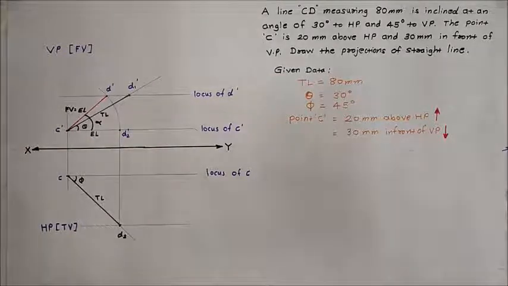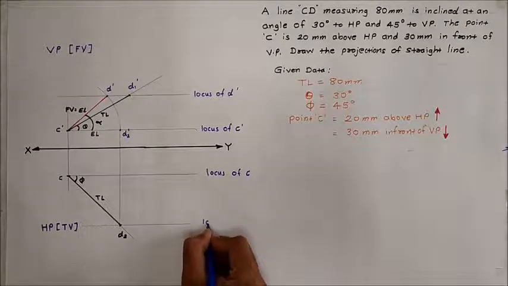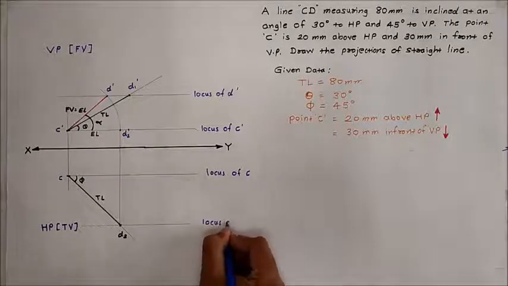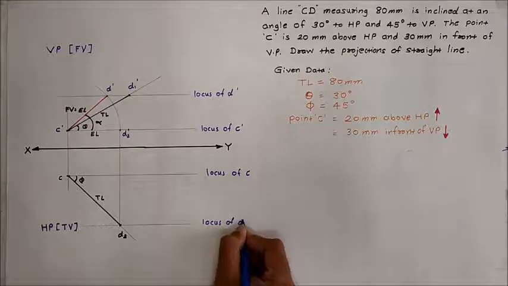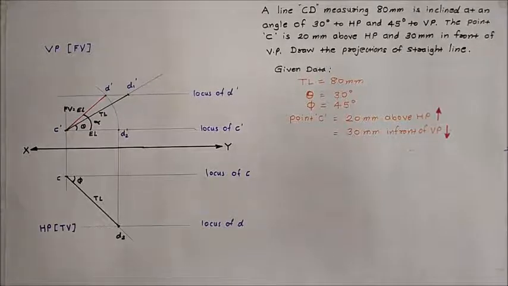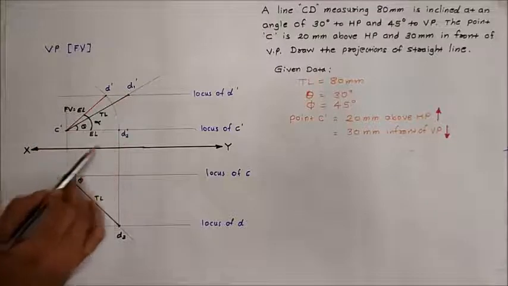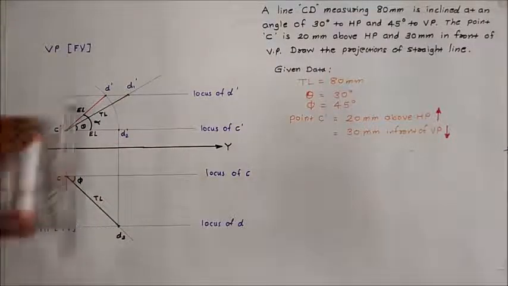Give the nomenclature to that line as locus of point D. Now for drawing the top view, draw a projection line which starts from the D1 dash point, and it should be perpendicular to the XY line.